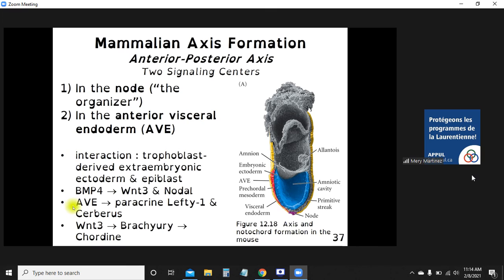AVE, on the other hand, prevents WNT3 and nodal from having an effect on the anterior part of the embryo. And it does this by secreting some paracrine factors, LEFTY1 and Cerberus.